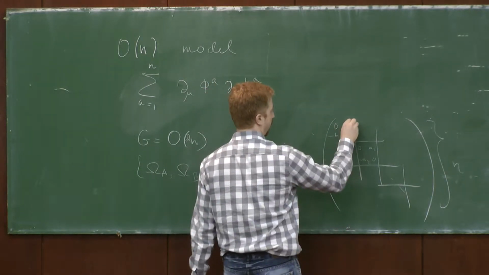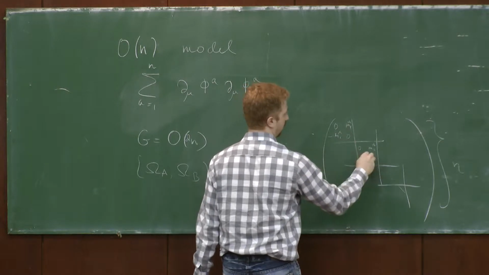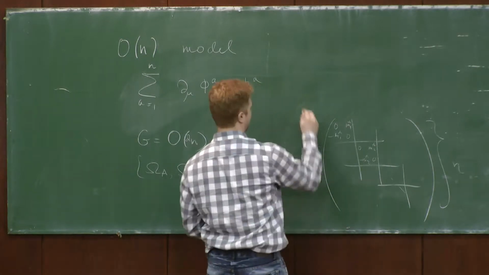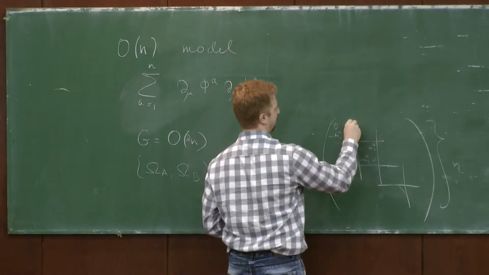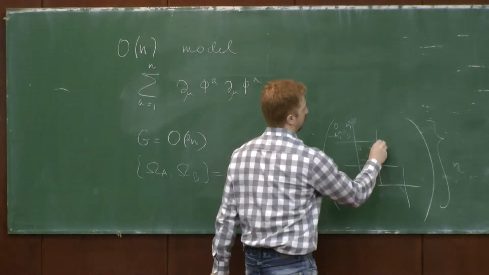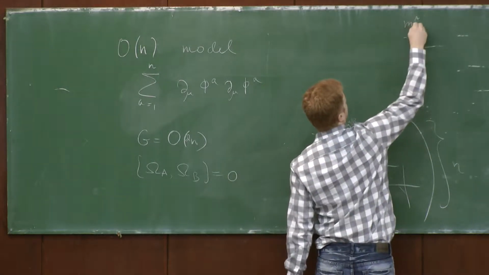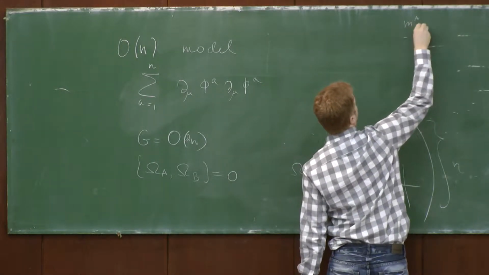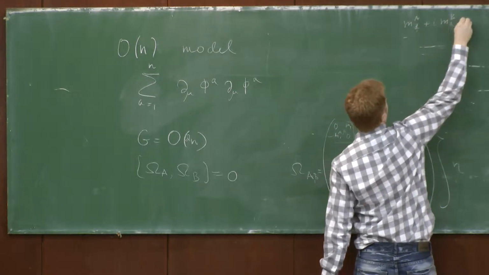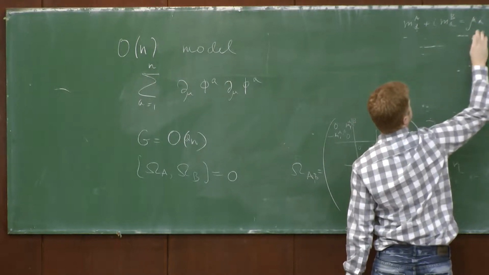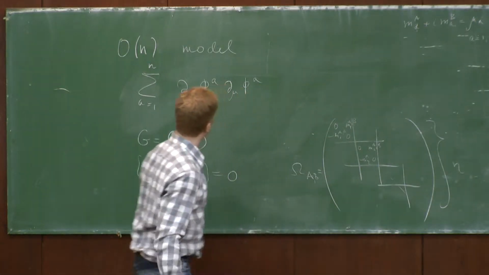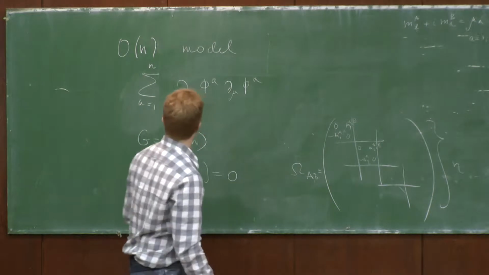So omega A and omega B. So we have n complex parameters in this omega deformation. Well, mu is probably not the best.